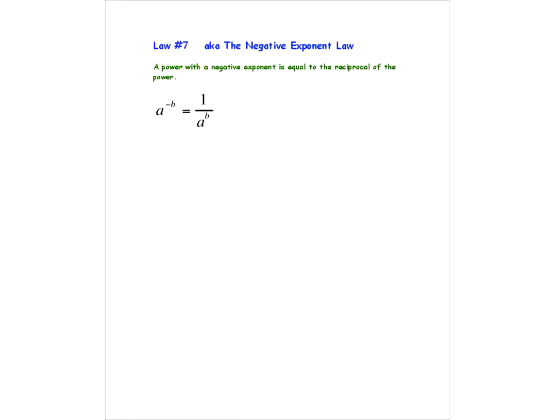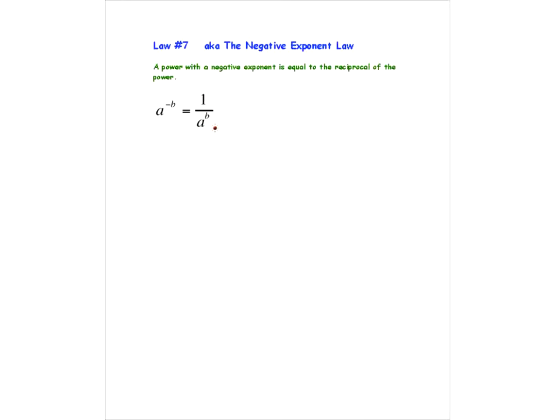So the last law here, guys, this one sometimes throws students for a bit of a loop. Once you practice it over and over, it's not too bad. So basically, a power with a negative exponent is equal to the reciprocal of the positive power. So instead of a to the negative b, it would be a to the b. But because it's the reciprocal, you turn it upside down.